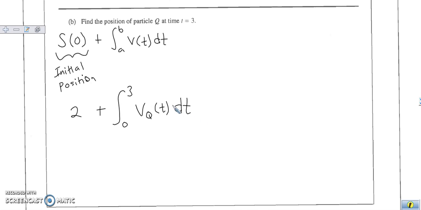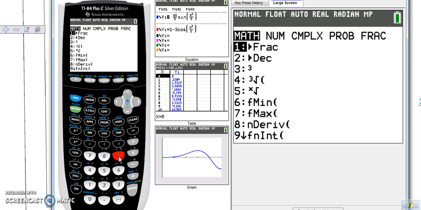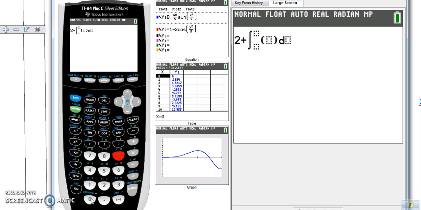You can leave it like this. You don't have to write the function. On the AP test, you don't have to spend time writing the function 1 minus 3 cosine of t squared over 5. No, you can just write V Q of t, set it equal, and then use your calculator for the rest to get your answer. So I'm going to put 2 plus math 9, so I can get the integral from 0 to 3.